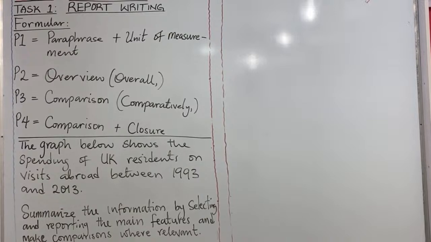Do we understand this? United Kingdom. Please repeat. All right, I'll take that again. The given line graph illustrates the amount of money spent by the indwellers of the United Kingdom during their trips overseas between a period of 20 years, ranging from 1993 to 2013.